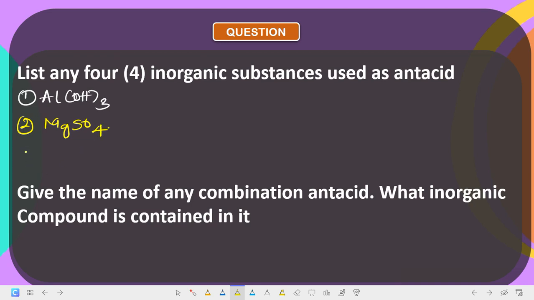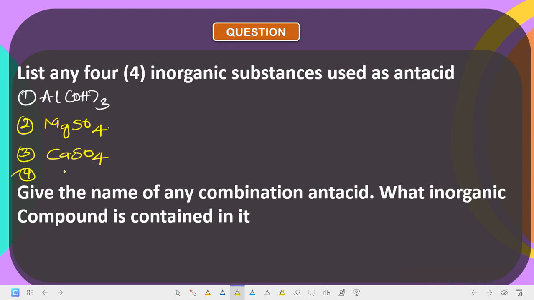Then we have calcium carbonate, or let me say calcium sulfate. Then number 4, almost all the salts here are antacids.